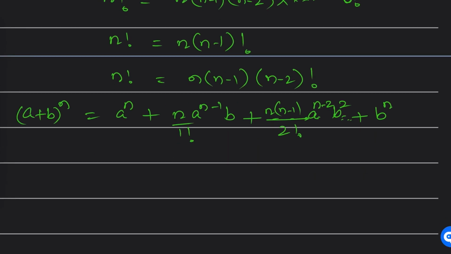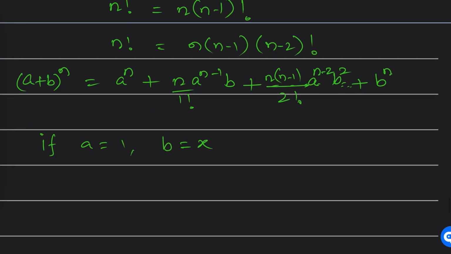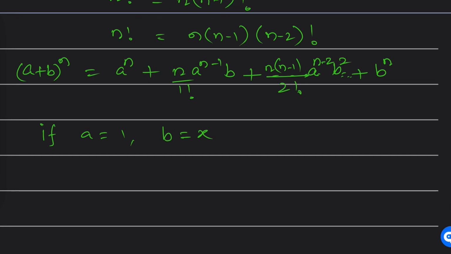Now, instead of a plus b to the power n, can I use a equal to 1 and b equal to x? Then I can write this same equation like this: instead of a we use 1 and instead of b, x, to the power n. Yes, we can substitute a with 1 and b with x.